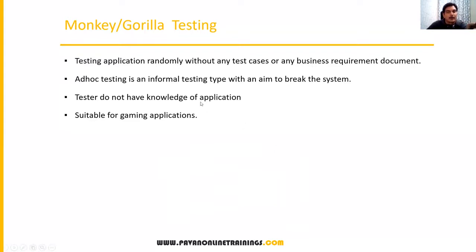Testers do not have knowledge of the application. But in ad hoc testing, we have to know about the application. Based on your previous experience, you can assume the functionality and you can test it. So you have to know about the application even though you don't have documentation. But here you don't have documentation and also you don't know about the application. But still you can conduct some testing, which is called monkey testing.